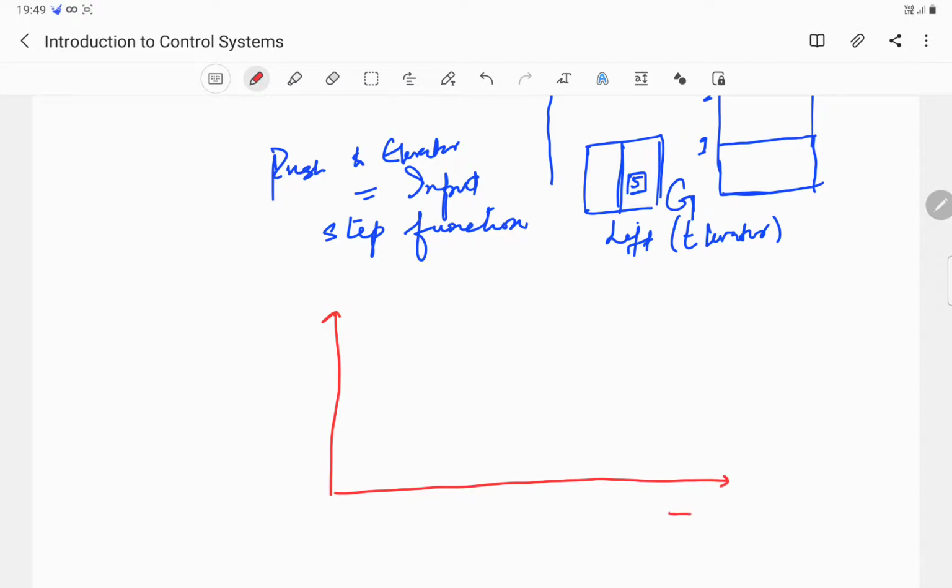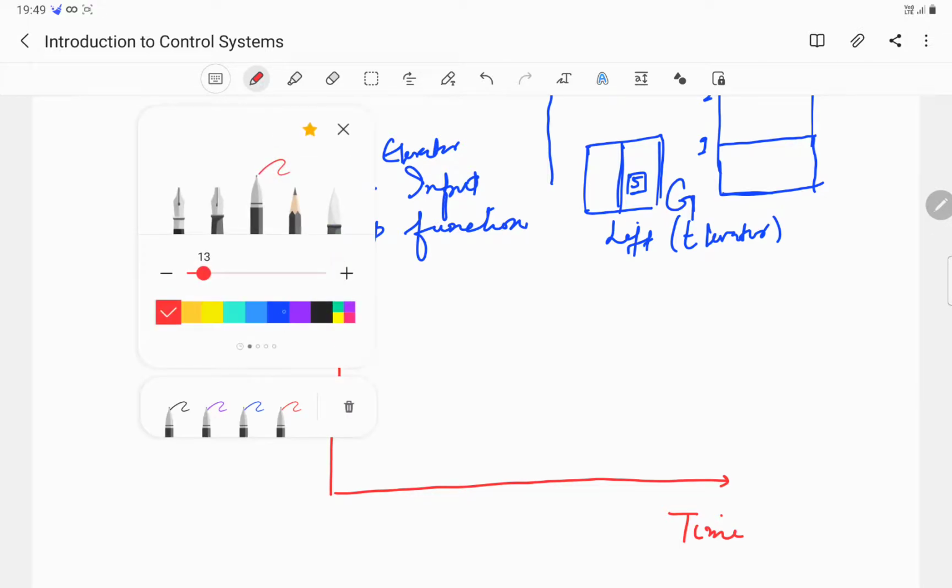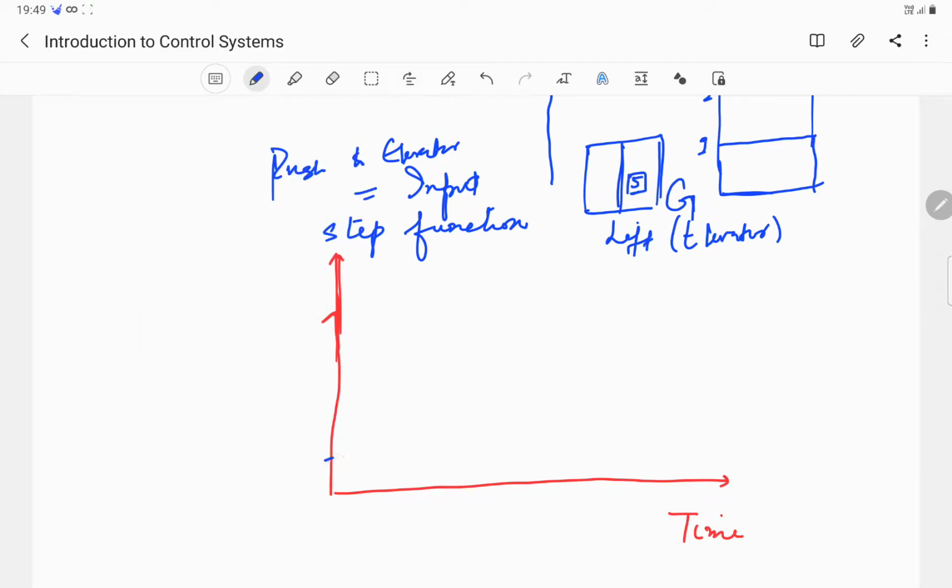This is our time axis, and let us assume the y-axis is the position of the elevator. So this is the first floor, the second floor, the third floor, fourth floor, fifth floor, sixth floor. Now when we press the button 5, we say this push is the input basically.